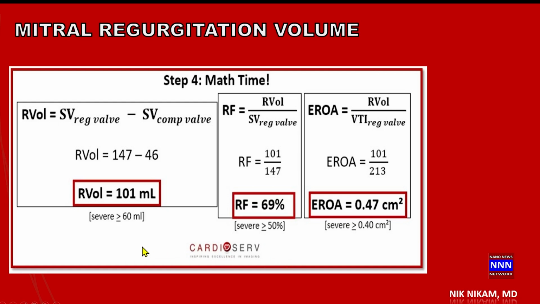We take the regurgitant volume to be 101 ml. Then the regurgitant fraction is regurgitant volume divided by stroke volume, which is 101 divided by 147. You get a regurgitant fraction of 69%, and this signifies severe mitral regurgitation as it is greater than 50%.